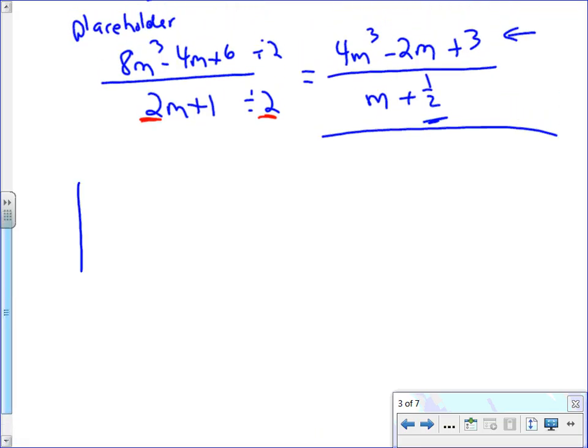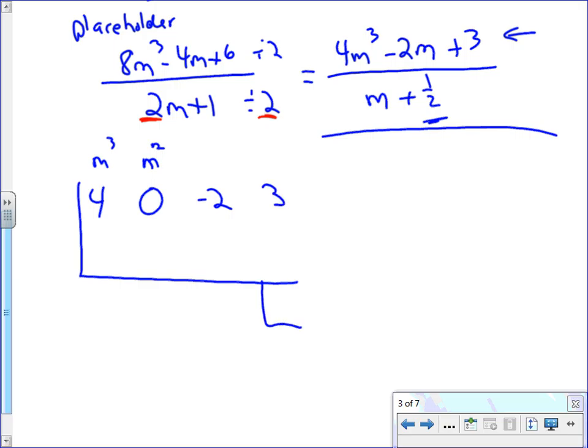Put my box, my upside down division, put 4, put my placeholder 0, this is for m squared, here, then -2, and then 3 is my constant. You have to have all of them.